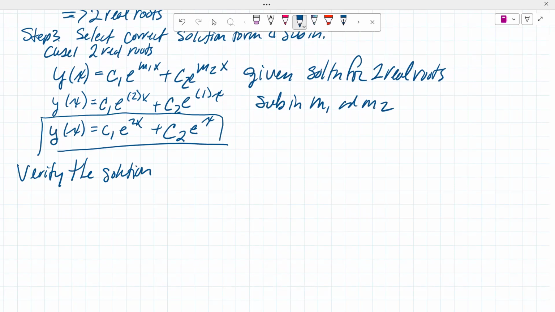Well, this constitutes going back and showing that it worked. Okay, so you'll go back to your given differential equation: d squared y dx squared, given in the original problem, minus 3 dy dx plus 2y equals 0. This is the given differential equation.